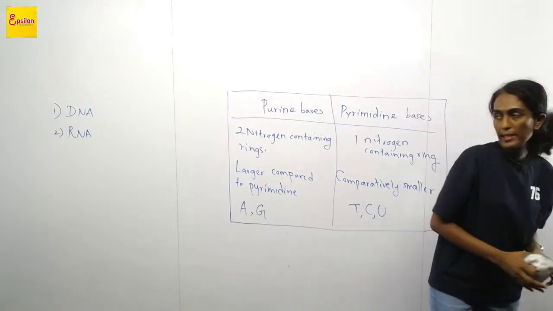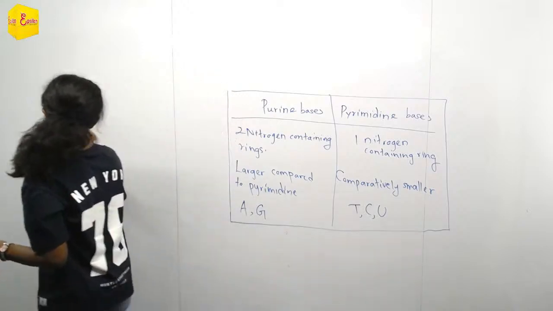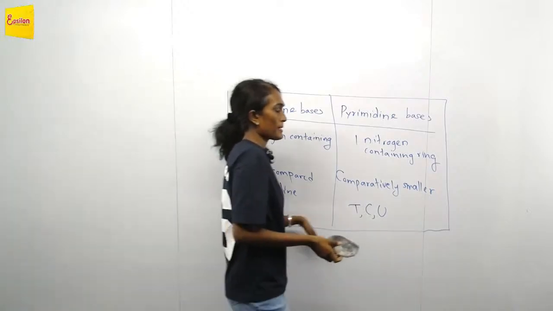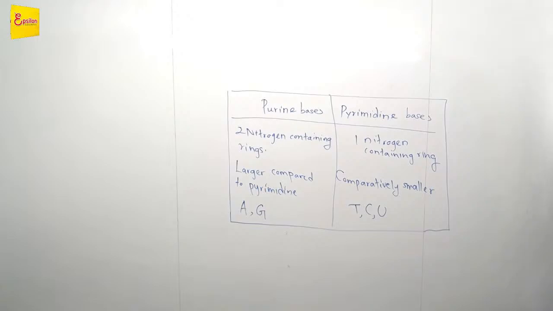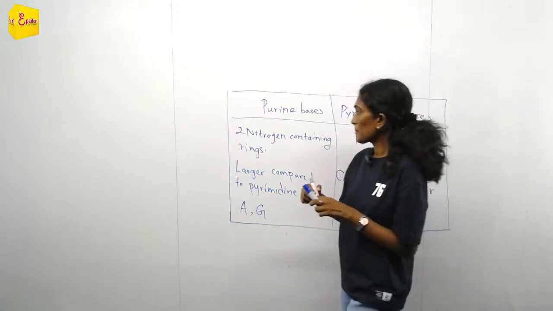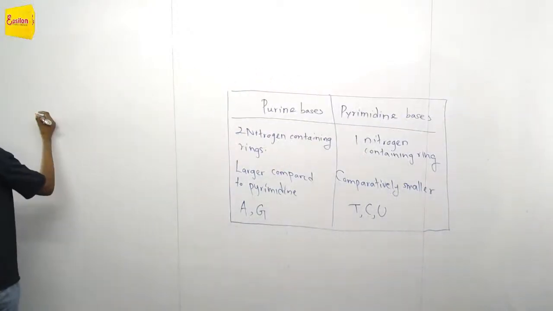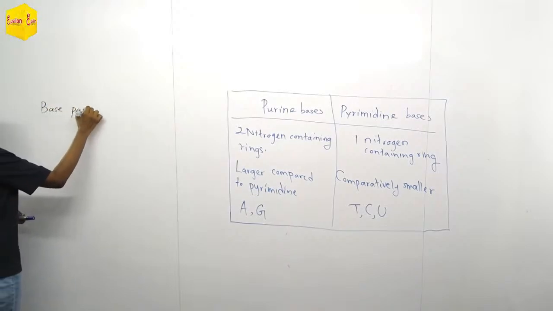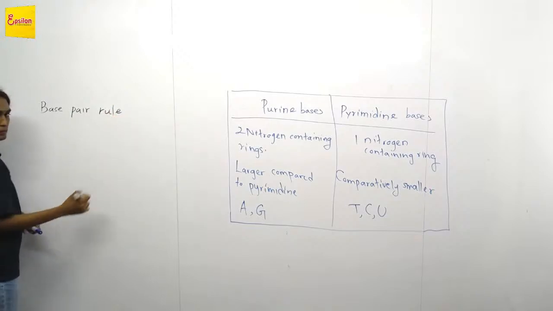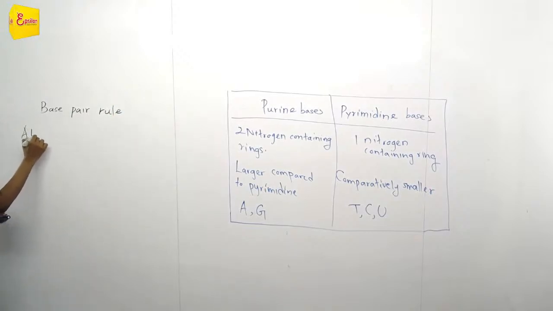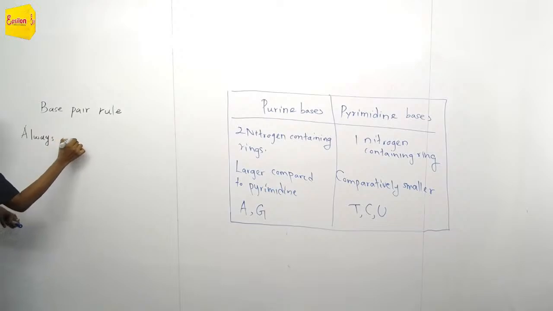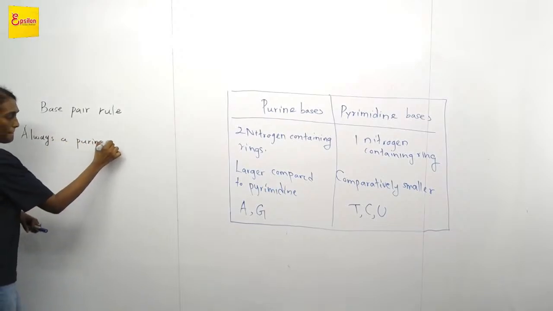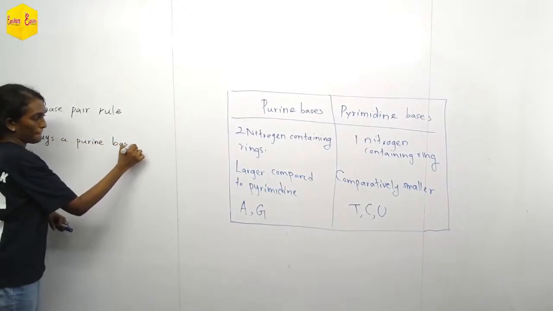Hi. So we discussed the base pair rule also. What is that base pair rule? Always a purine base pairs with what?